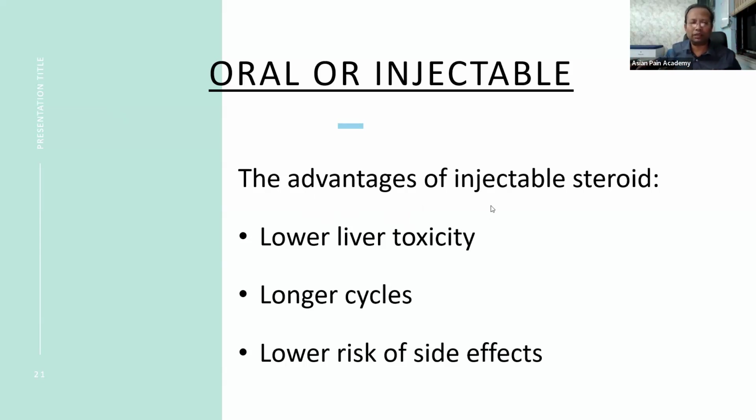Of course, our injected steroid will also be absorbed in the systemic circulation, but we are targeting the specific area where there is inflammation in the nerve. So liver toxicity and other side effects are also lower.